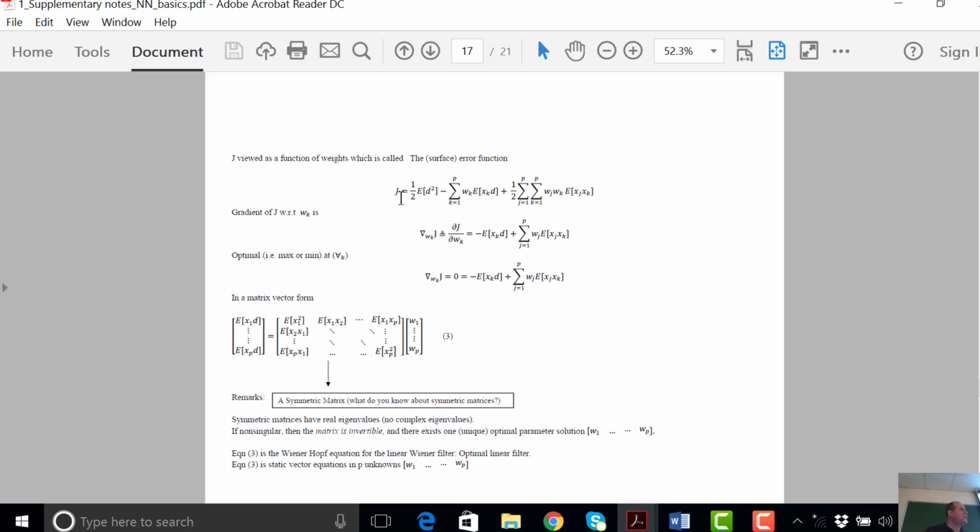typically if we have a function of multi-variables or multi-parameters, like in this case weights, the function of the weights, we take the gradient, which is the first derivative, which is shown here, okay? So the derivative gives us the necessary conditions for optimality. So we take the first derivative.